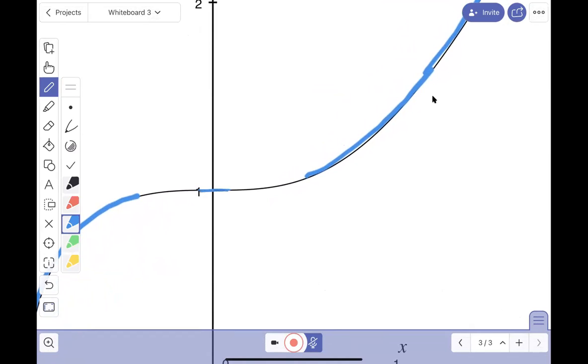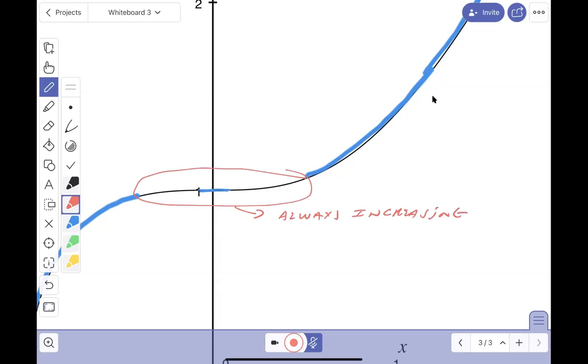The problem with this picture is that it looks like it's flat, but this whole thing over here, which I'm going to circle for you, is always increasing. If it's always increasing, a horizontal line would only puncture it once.